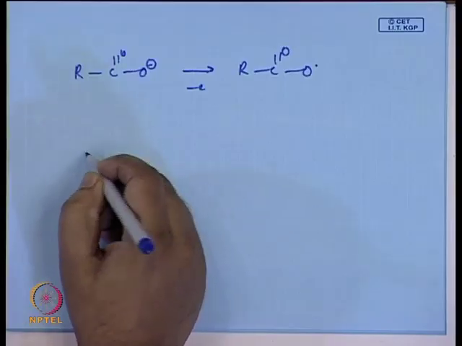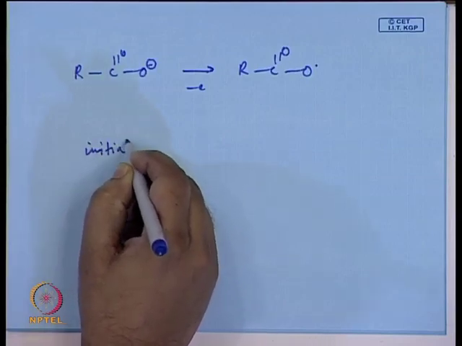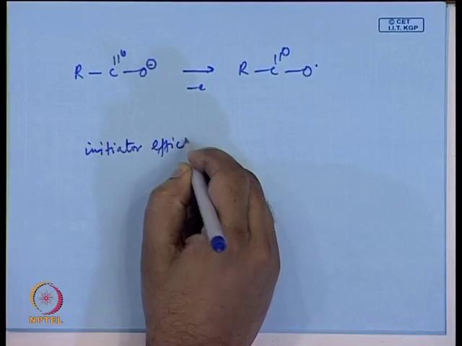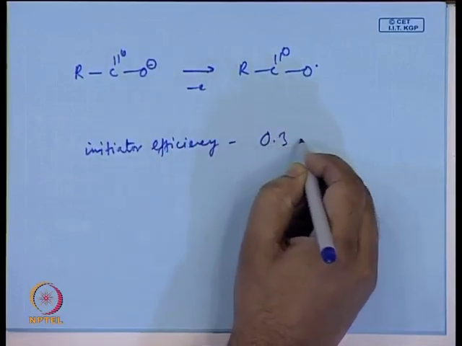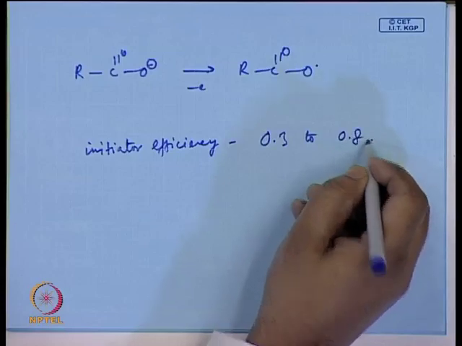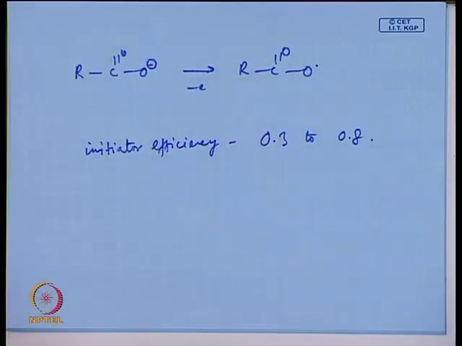The fraction of the radicals generated during this process which start the initiation reaction is termed the initiator efficiency, and typically initiator efficiencies lie around 0.3 to 0.8, which means that among all the radicals generated, around 30% to 80% actually initiate a chain polymer.